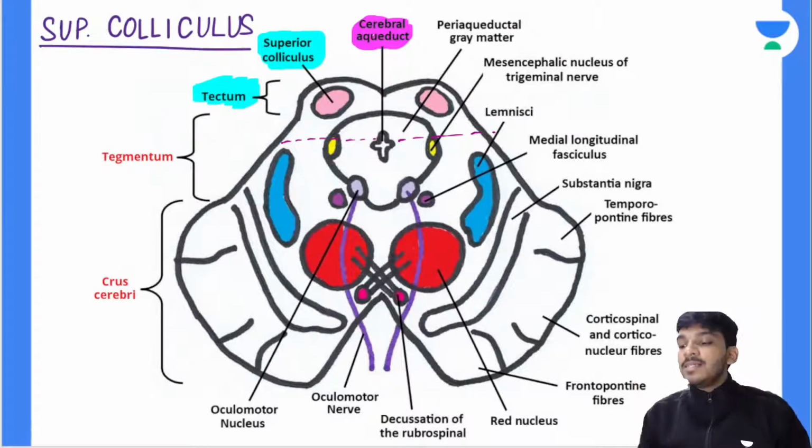Immediately your eye sees that there is a puddle of water, so you will try to avoid walking in that. So there is a tract that goes from the tectum, that is the superior colliculi, to the spinal cord, right? It will control the reflex movements of the eyes as well as the movements of the body in response to visual stimulus. So superior colliculus is very important for this reflex function.